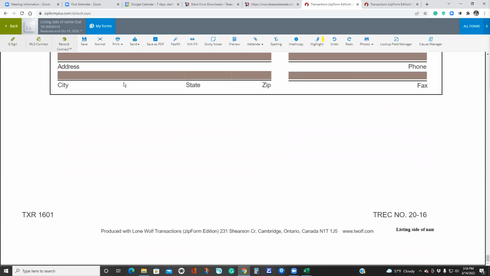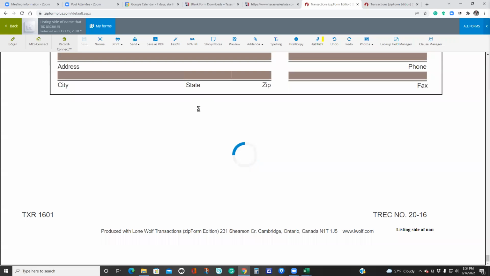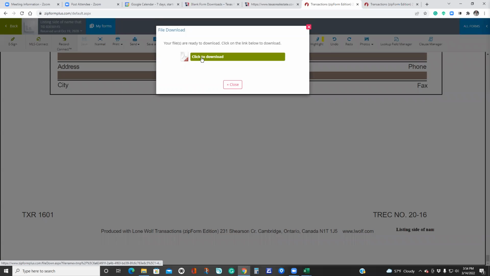So, any questions about the 1 to 4 family contract? Anybody? Going once, going twice. All right, so here's what I'm going to do just real quick so that you have this. Let me see. Just a minute here.